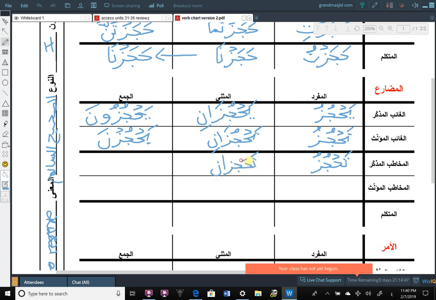For those who might be confused for a second here, I wrote the ta here like this for connecting purposes, like you might find in the Quran. And you could even double stack the ha and the jim. But I stacked the ta on top of the ha, and here I didn't do so.